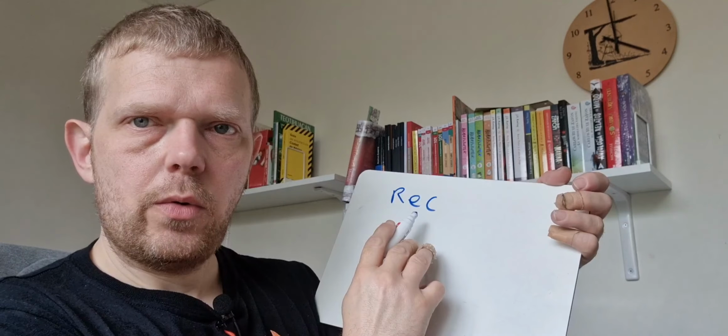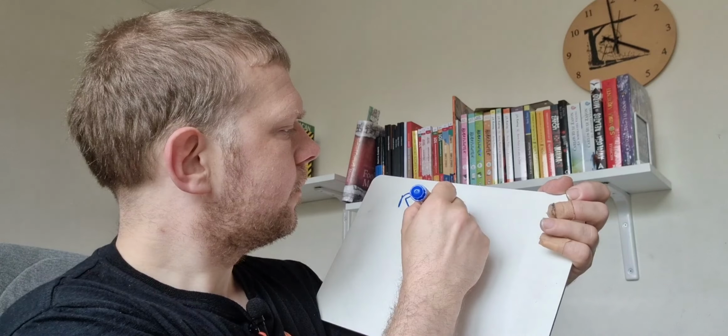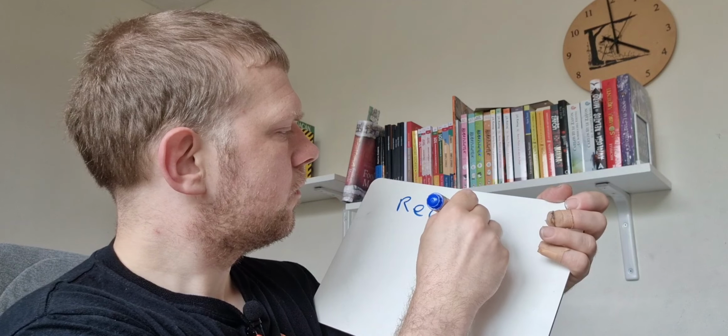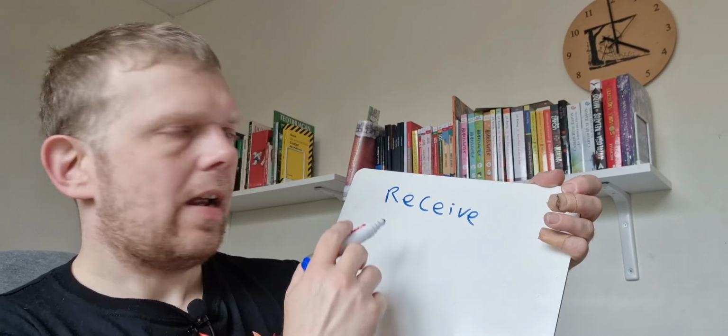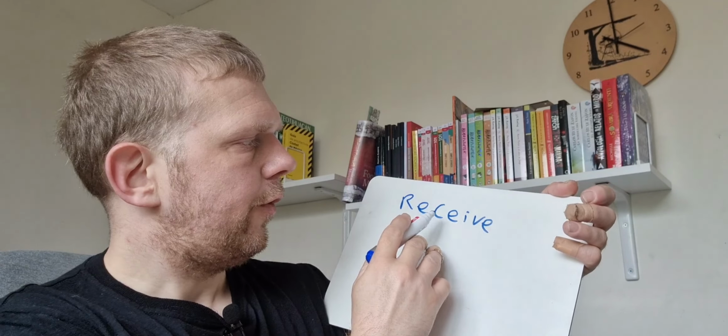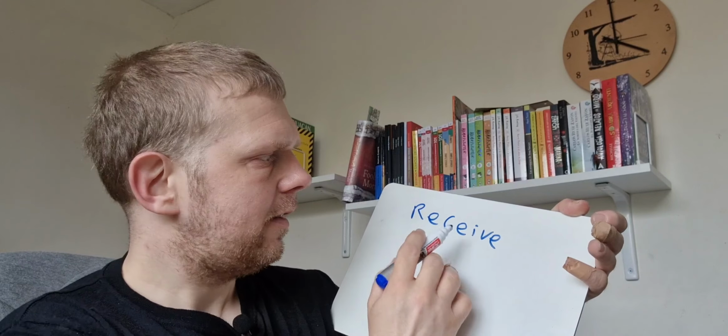But if those letters come after a C, after the letter C, here we have a C, and we have receive. So it's I before E, but if it's after the letter C, they change. It's E, then I. Deceive.